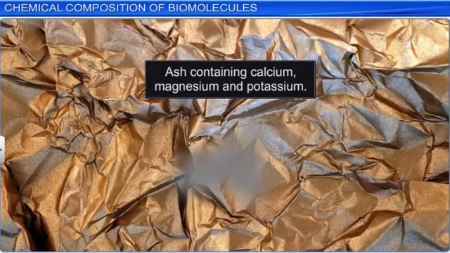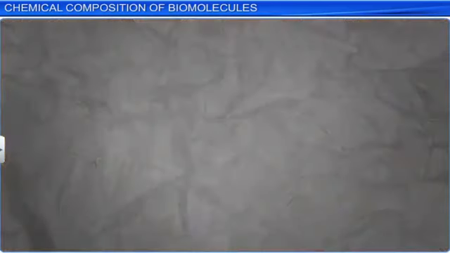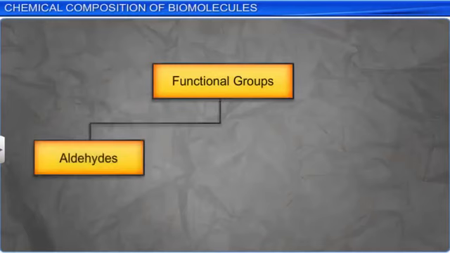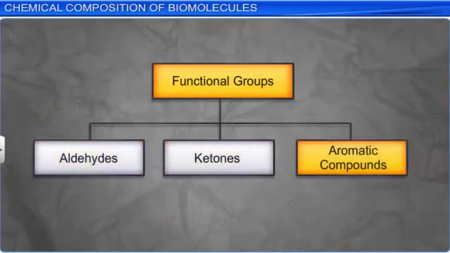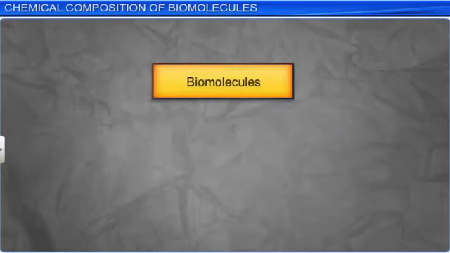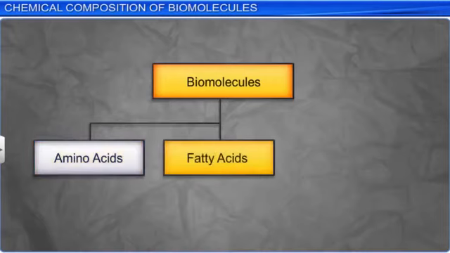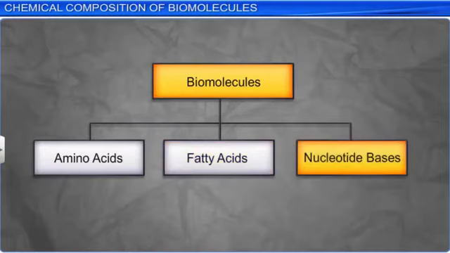It also helps identify functional groups such as aldehydes, ketones, and aromatic compounds. In biology, however, functional groups are present as amino acids, fatty acids, and nucleotide bases, together known as biomolecules.